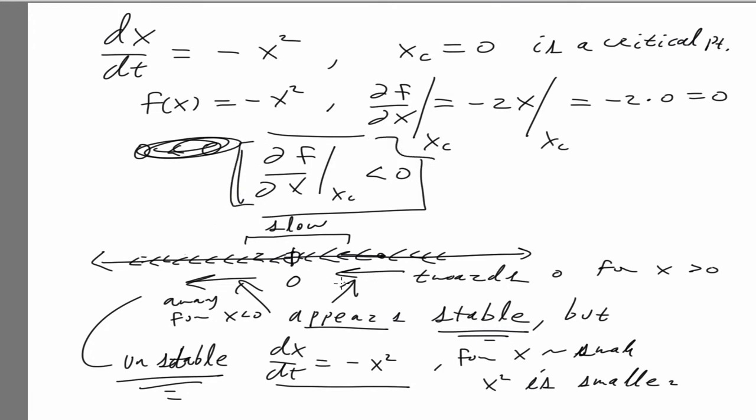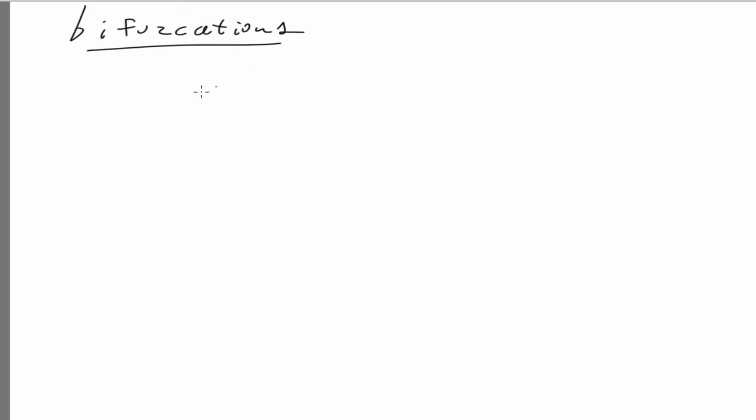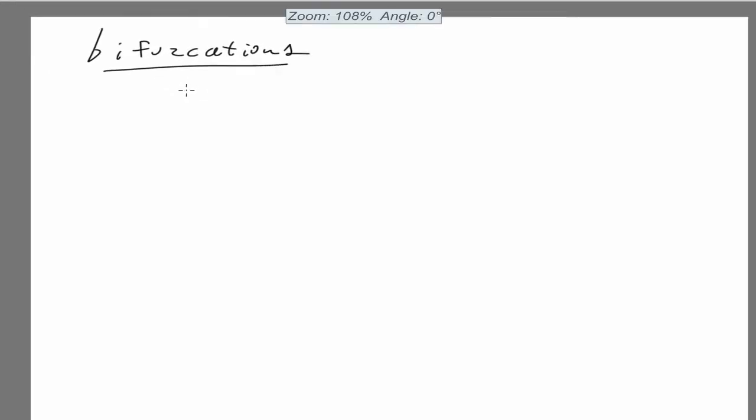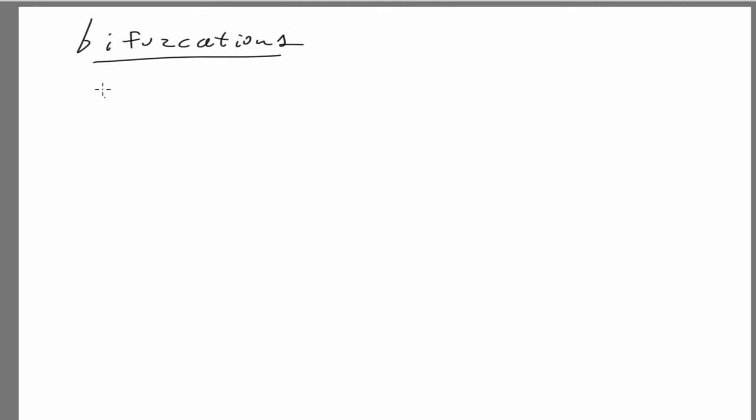Okay, so in the next video, or rather in the last little bit here, I'm going to talk a little bit about bifurcations. I'm just going to do a simple example of a bifurcation, and in later videos, I'll give you more information and more examples. So commonly, DEs have parameters.